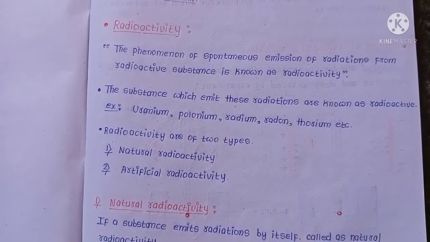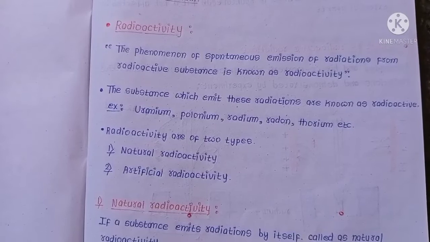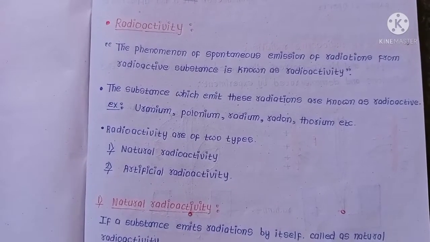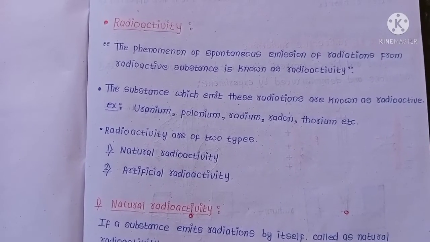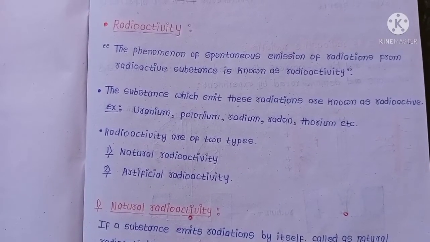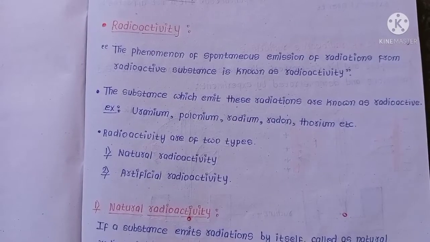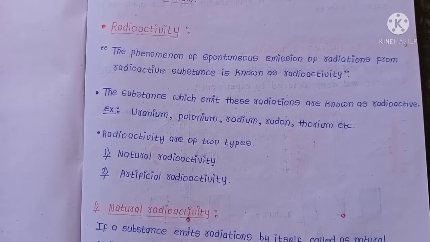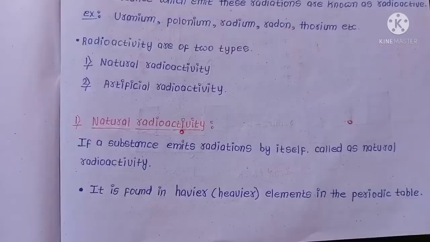These are some specific elements. Apart from that, there are a number of elements present in nature which are radioactive. Radioactivity is again classified into two types: one is natural radioactivity, another one is artificial radioactivity. We will discuss them one by one in detail.